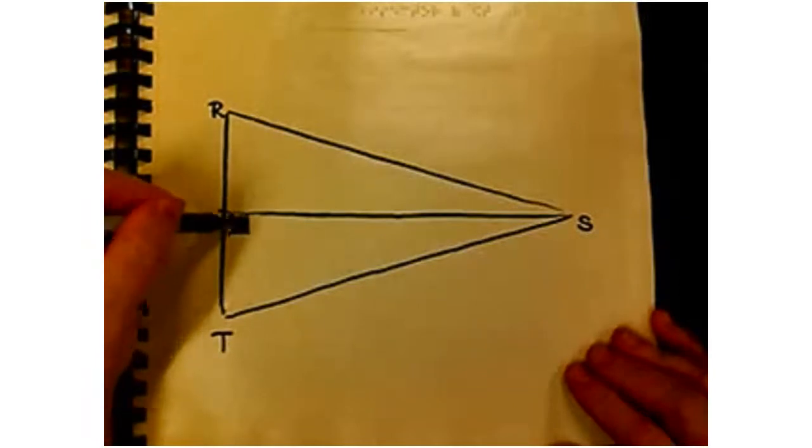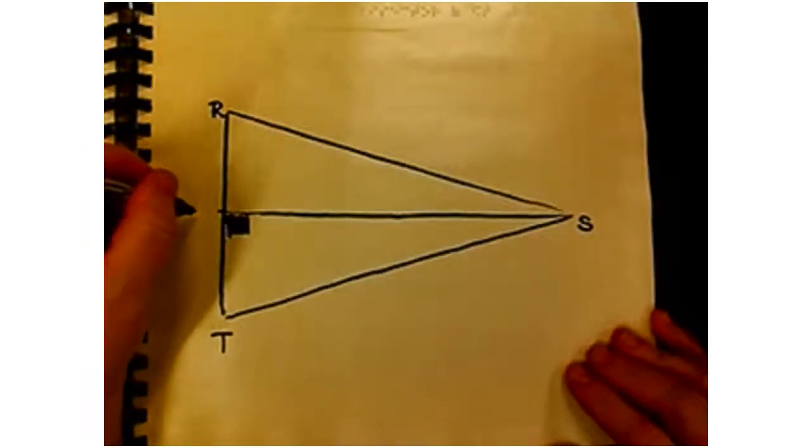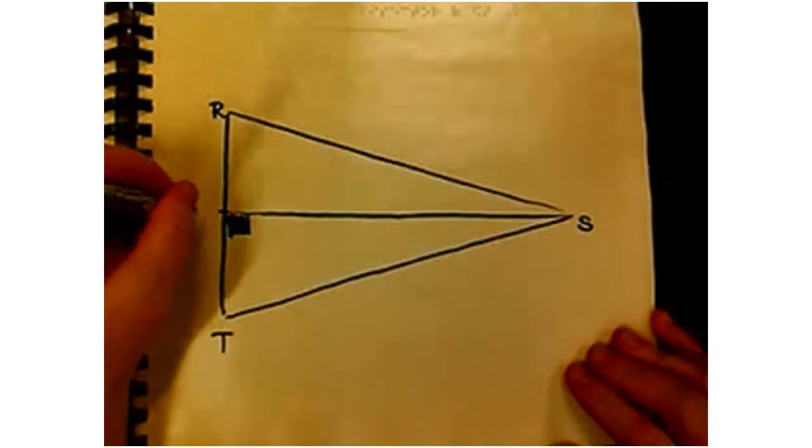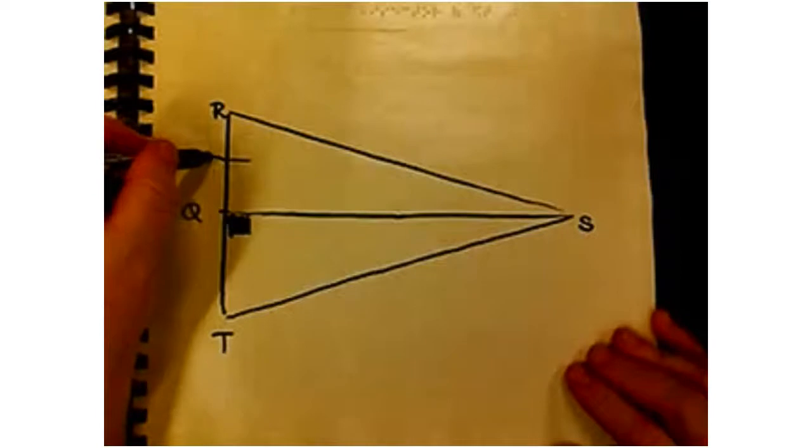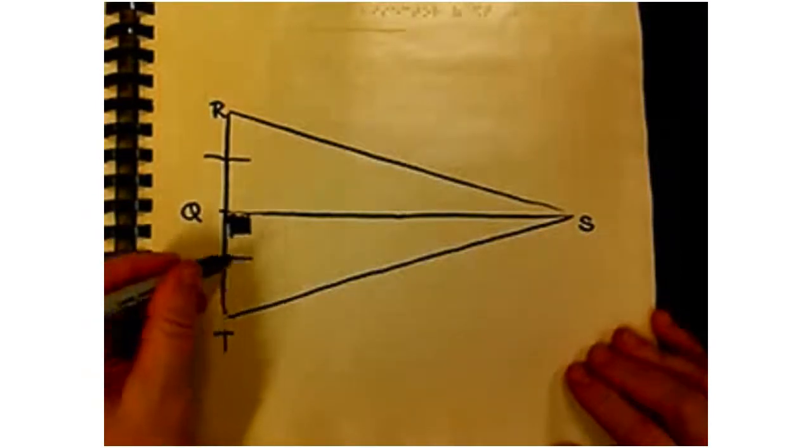There's a right angle indicator, and it's intersecting side RT at point Q. From R to Q there is a tick mark, and from Q to T there's a tick mark.